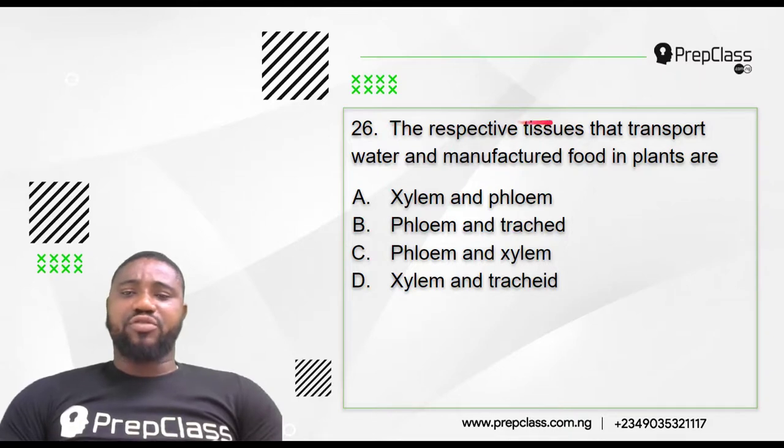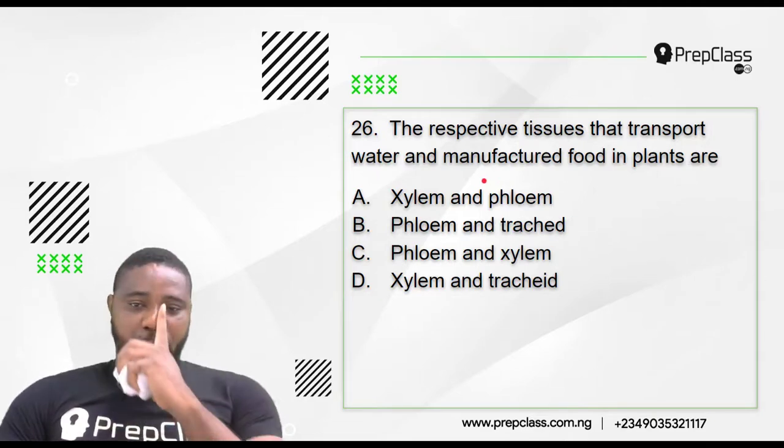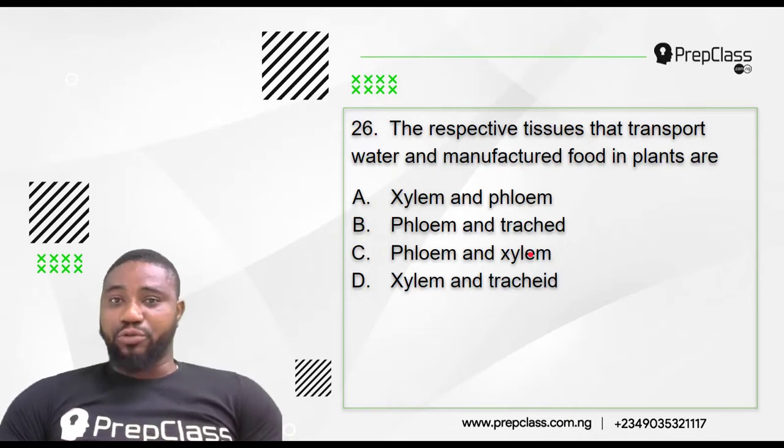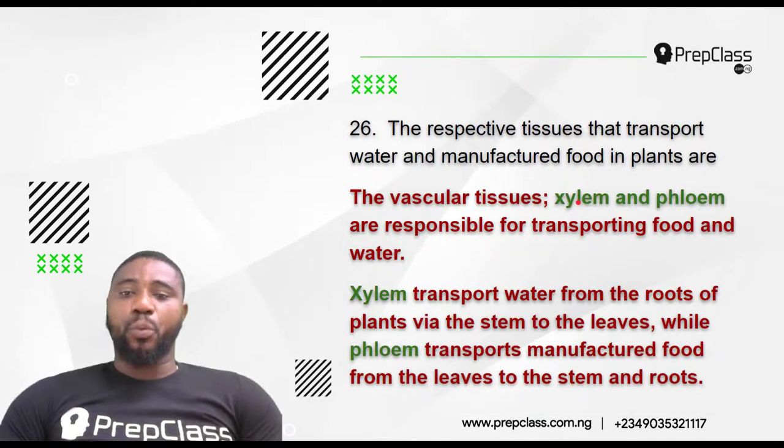Now, the respective tissues that transport water and manufactured food in plants. I believe that should be water and manufactured food respectively, so the first one transmits water, the second one transmits manufactured food.